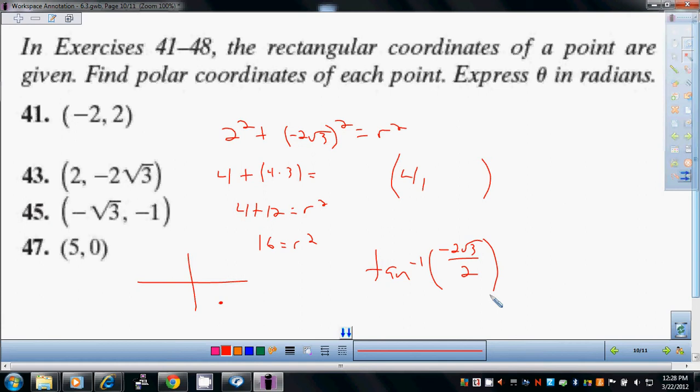Crystal, what's your calculator telling you? Are you in degree mode? Let's see what she gets.